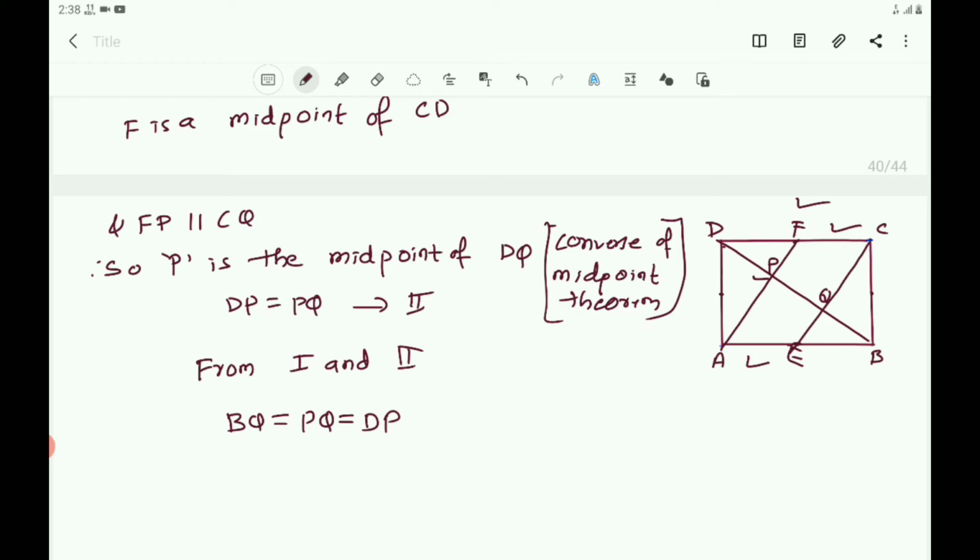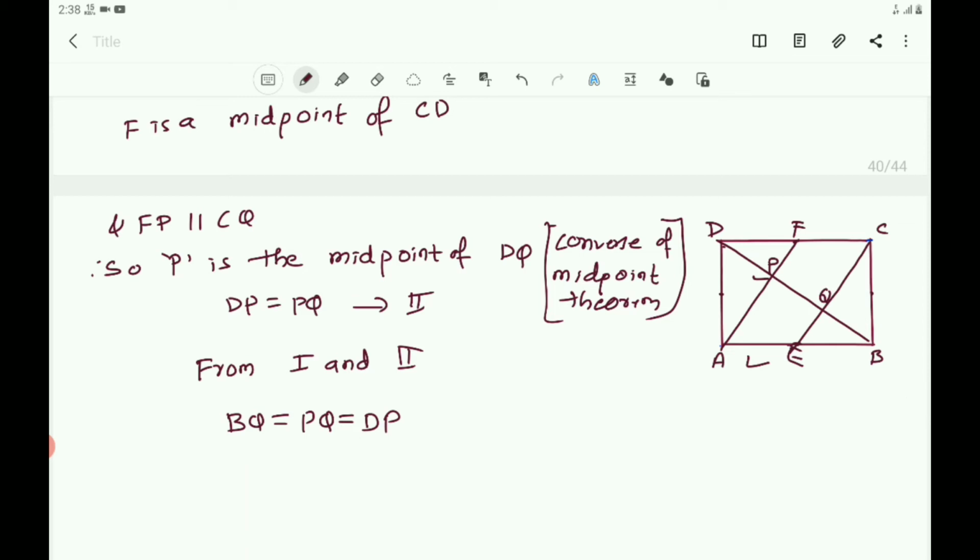Here it is given that E and F are the midpoints of AB and CD. So here you proved that AE equals FC and AE is also parallel to FC, and as E is a midpoint of AB in the triangle ABP, applied the converse of midpoint theorem, and here also in triangle CDQ, as P is a midpoint of DC and PF is parallel to QC, applied the converse of the midpoint theorem, and you got that DP equals PQ equals BQ.